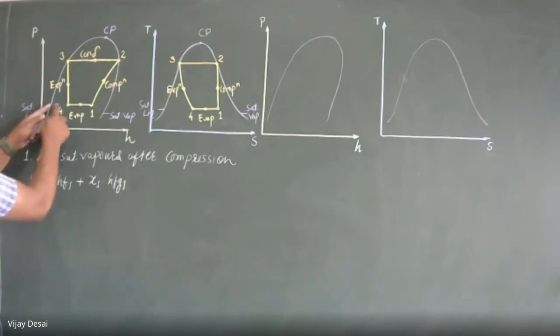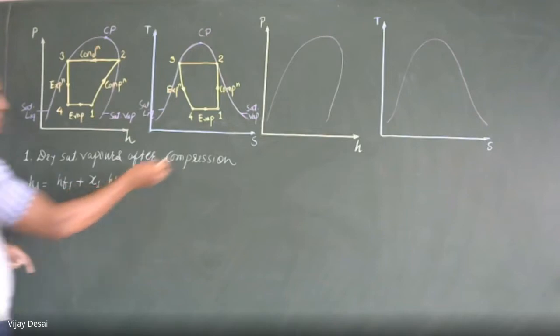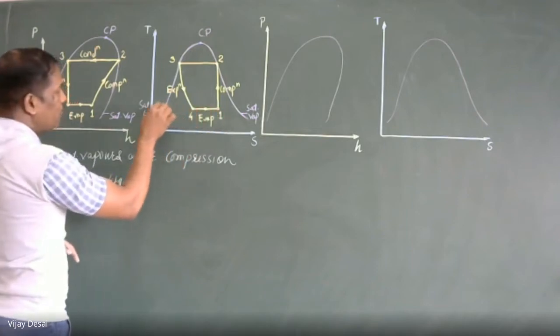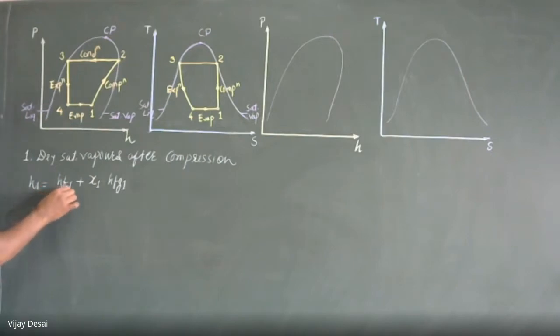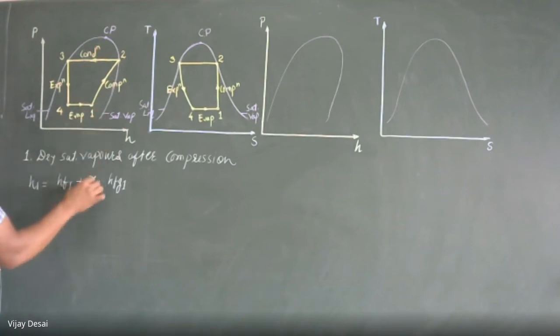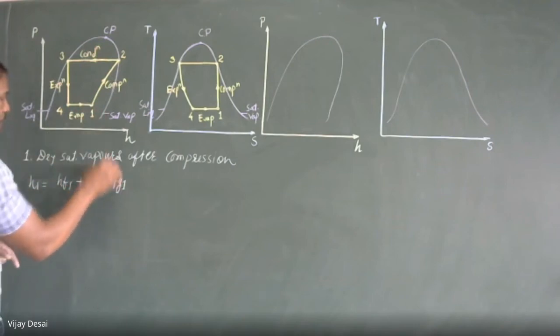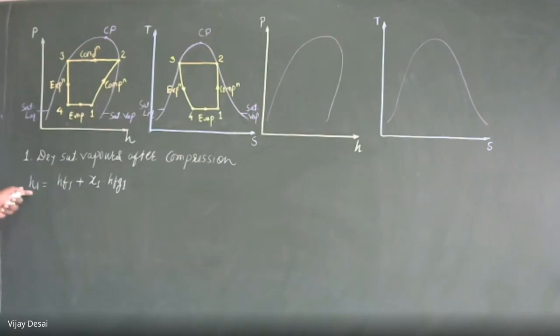HF means saturated liquid enthalpy. So at point 1 having some particular temperature T1, I will find out HF1 plus I will measure the dryness fraction at point 1, that is X1, multiplied by HFG1. So it gives H1.